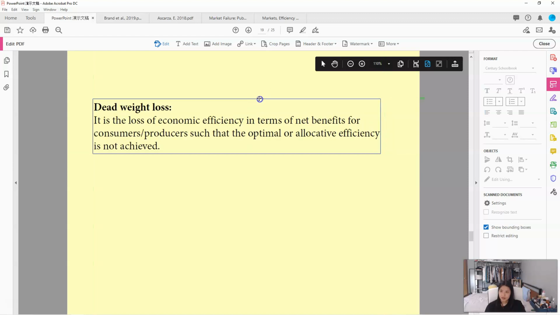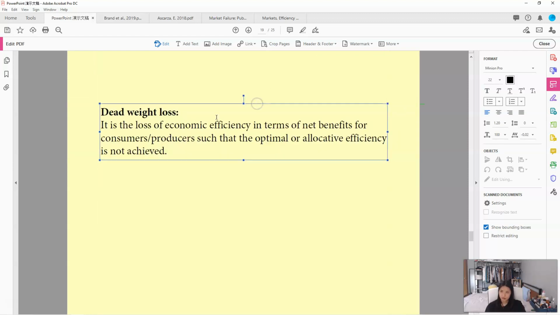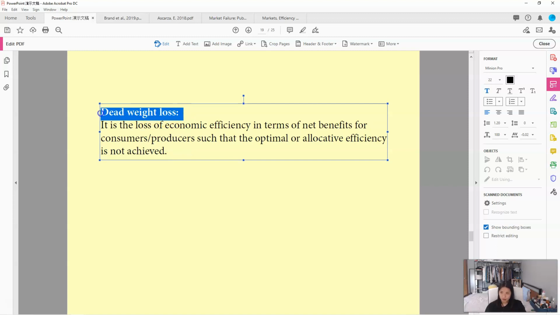So the next concept, and how to find its amount, would be the most complicated part of this video. The concept is deadweight loss.